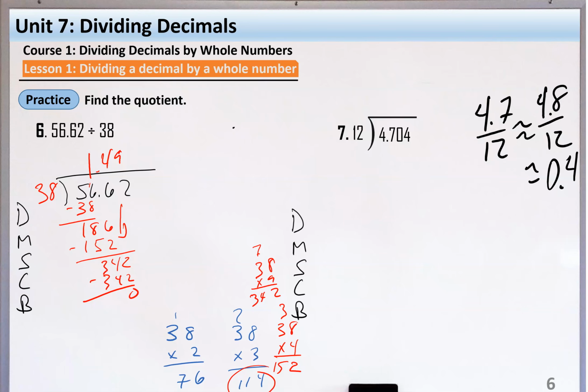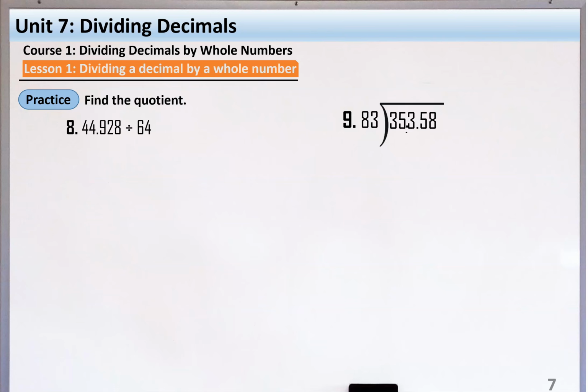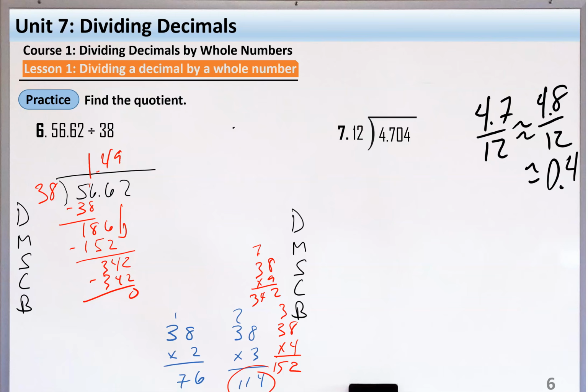Oh, okay. All right, so now we have to divide 4.704 by 12. So we bring up our decimal. You can't divide 12 into 4. So we're going to divide 12 into 47. And 12 times 3 is 36.